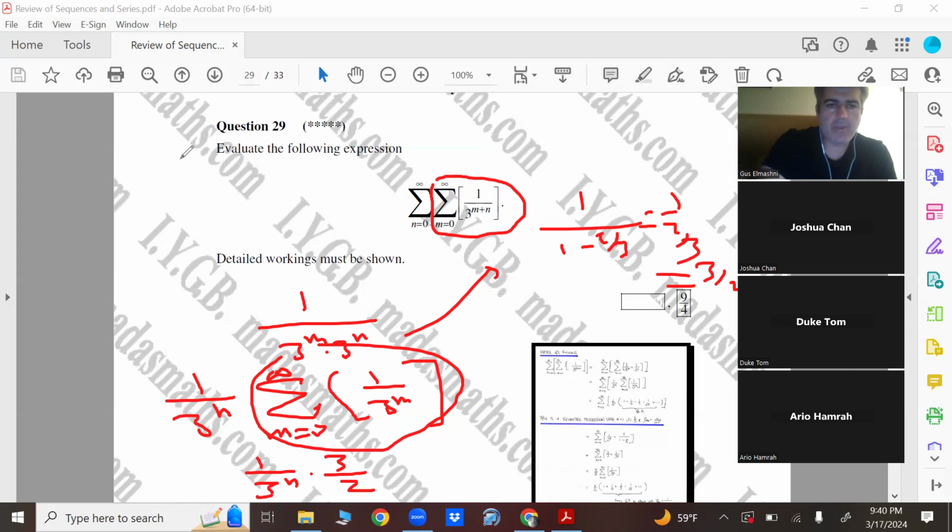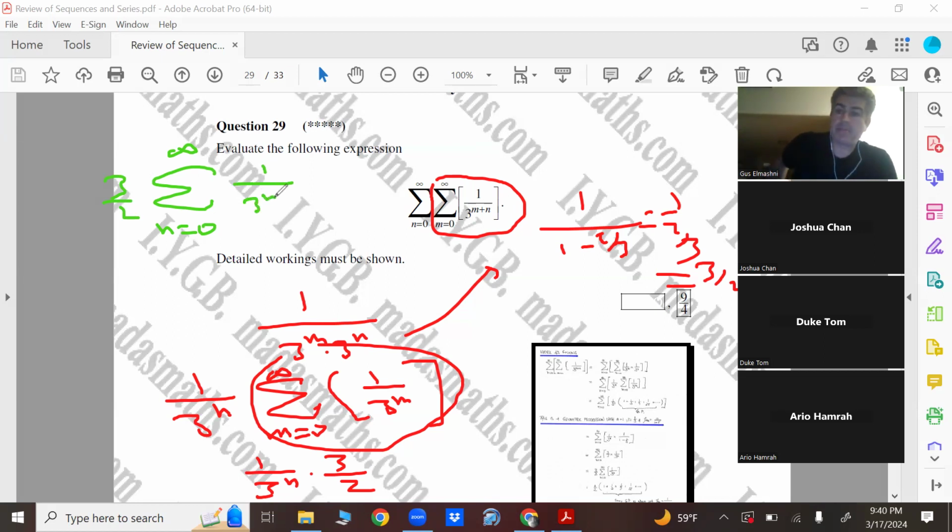Now you're doing sigma notation. I'll change colors for a bit of contrast. You're doing sigma notation, n equals 0 to infinity, of 3/2, which is your constant, and 1 over 3 to the n power.